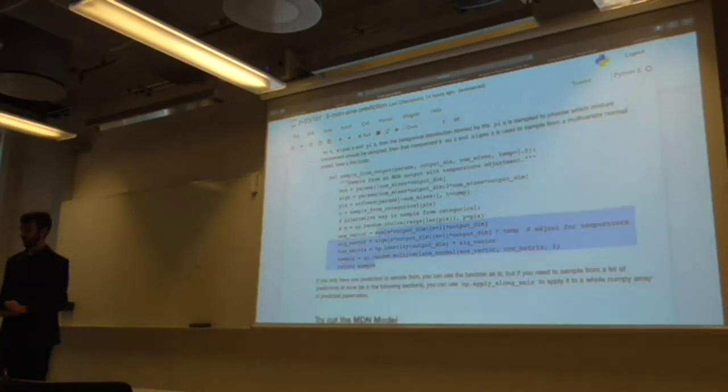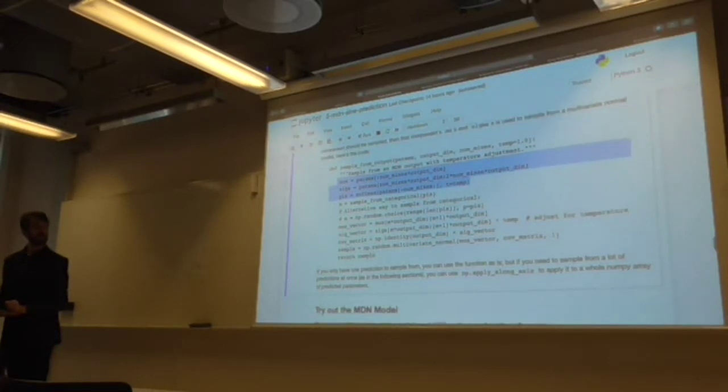I've got a little bit of information about how to do that, but we get our output tensor, split it up into mu's, sigmas, and pi's, and then I've got some other secret function called sample from categorical, which gives us the component we want to sample from based on those pi's.